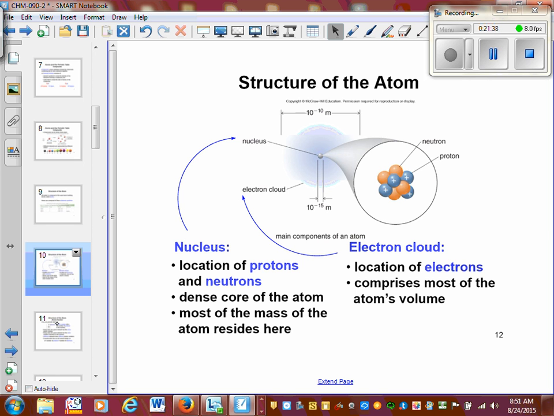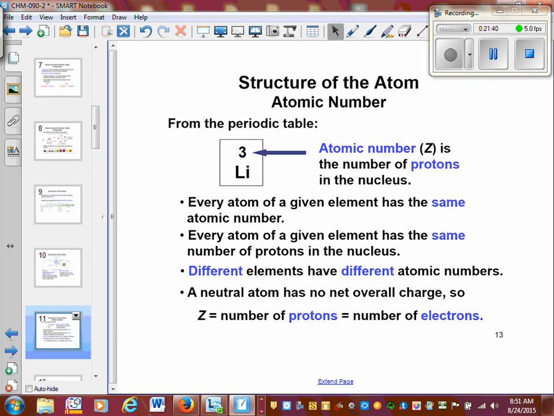So if we look at the periodic table, there's a symbol. If you look at lithium, on the top is a whole number. Lithium is 3. That is the atomic number. The symbol is Z. That's the number of protons in the nucleus.